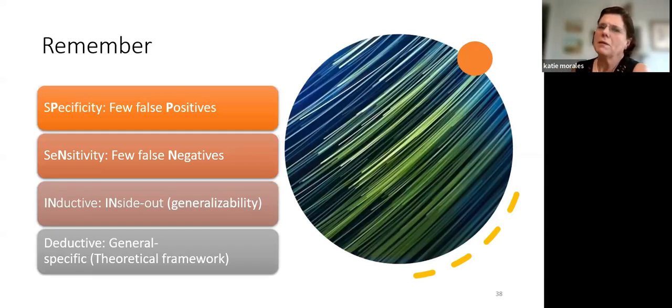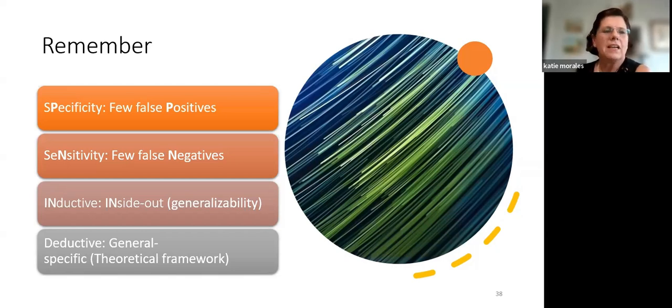So here are some things, maybe you don't have trouble remembering this, but I struggled with it. With specificity, when we look at a test or a tool, I made the P big and bold, but you can remember a specific tool has few false positives. So if you have a positive with that test, you can be pretty sure it is positive because it's very seldom falsely positive.